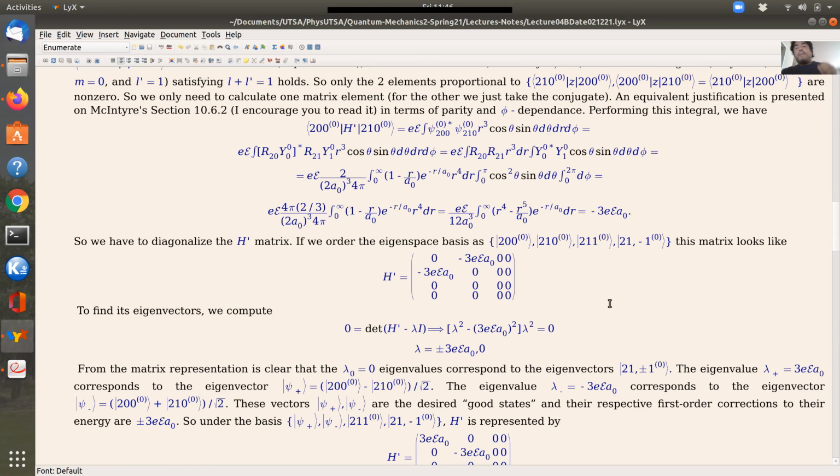We know that because we'll have a singular matrix when we want to calculate the eigenvalues, this matrix H prime minus lambda I, where I is the identity matrix and lambda will be the eigenvalues of the matrix that we want to calculate, its determinant has to be 0, because it's a singular matrix.